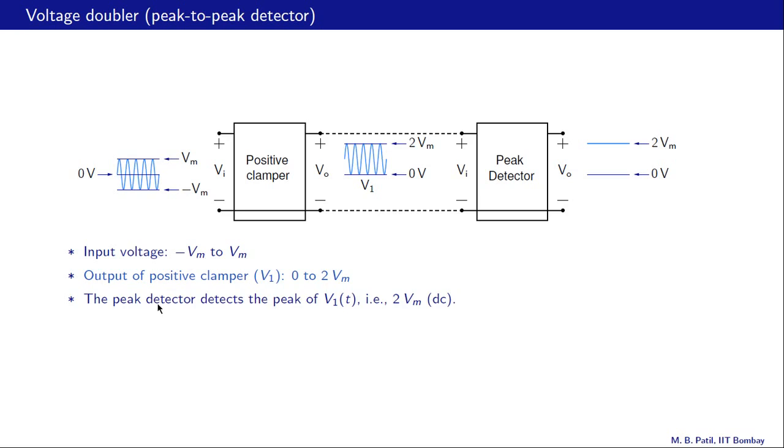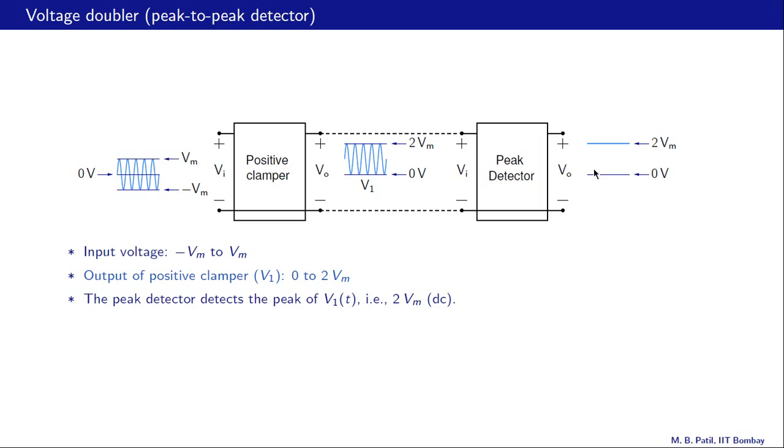And now the peak detector detects the peak of this voltage. And what is the peak of this voltage? This is 0, this is 2 Vm. So the peak of this waveform is 2 Vm. So the output of the peak detector is then expected to be a DC voltage of 2 Vm.